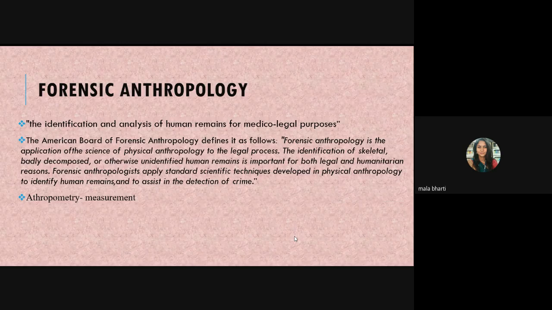So here, the whole knowledge of physical or biological anthropology regarding the human, and any crime which occurs, right? How the whole information about the human and anatomy, forensic medicine, and forensic science helps in terms of law and to solve a case.